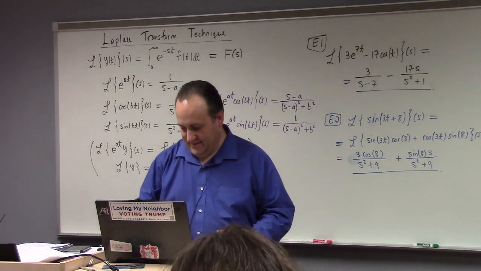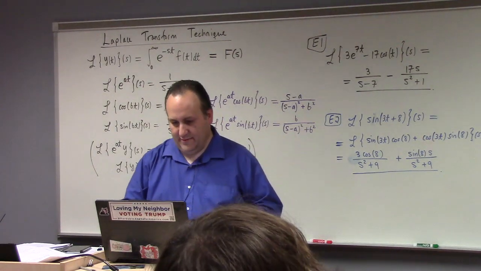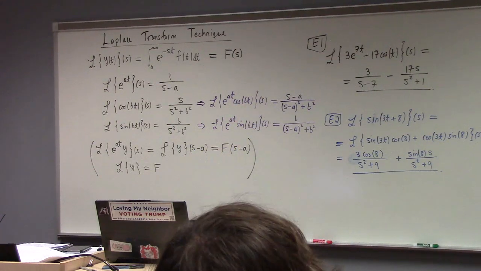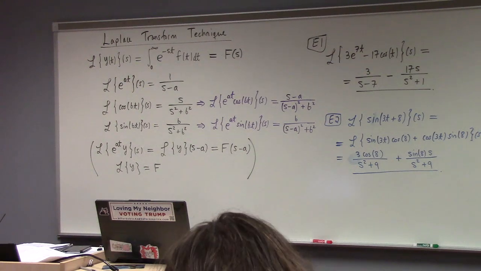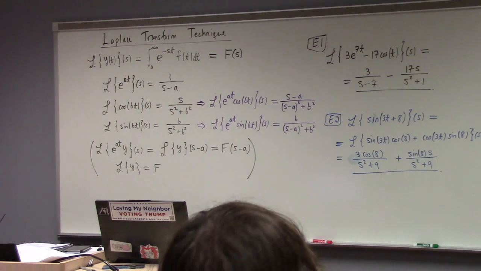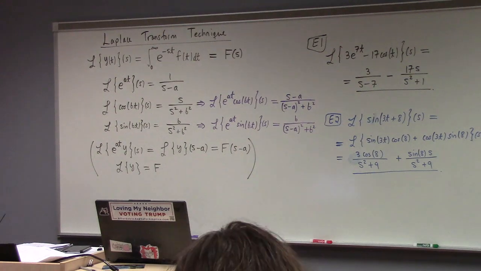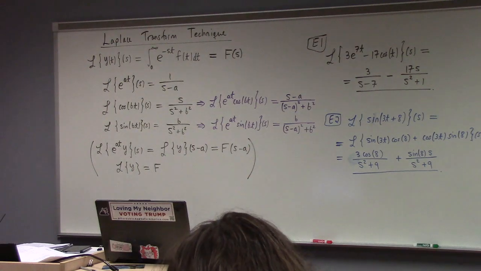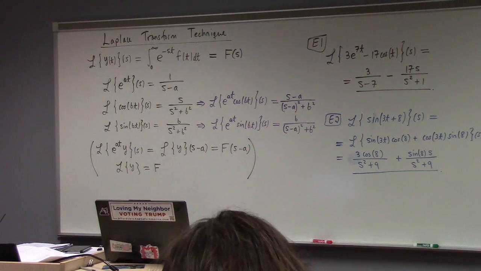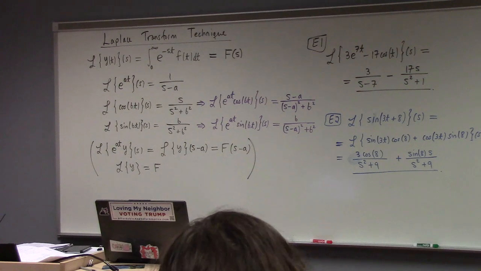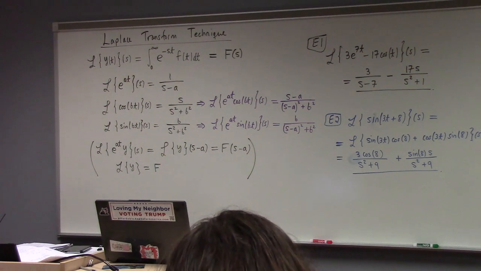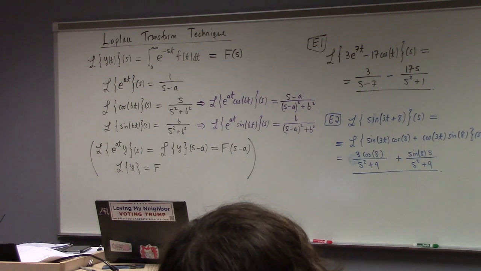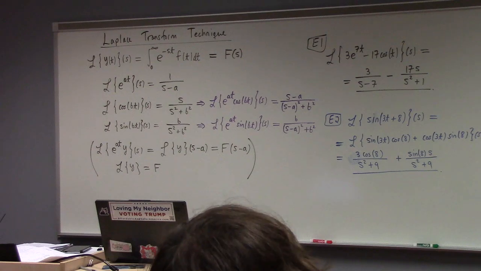And I think, want me to go off memory, see if I guess right? There exists m greater than 0 and alpha in the reals for which the absolute value of f of t is less than or equal to m e to the alpha t for t greater than 0. No, but don't take my word.